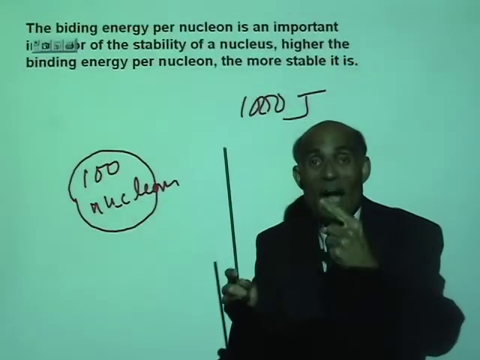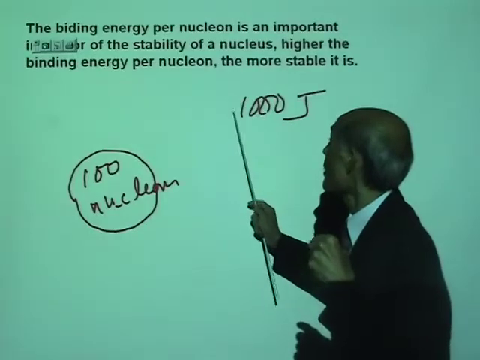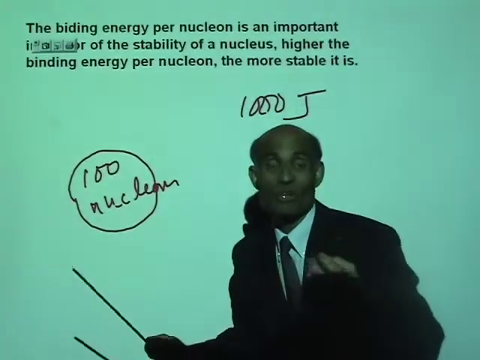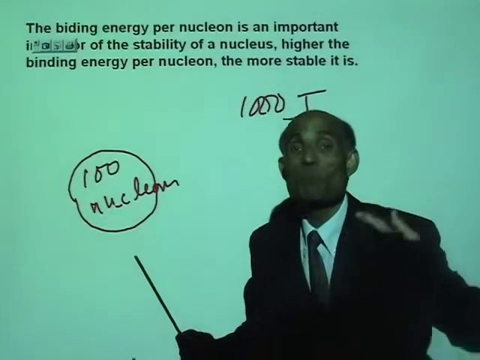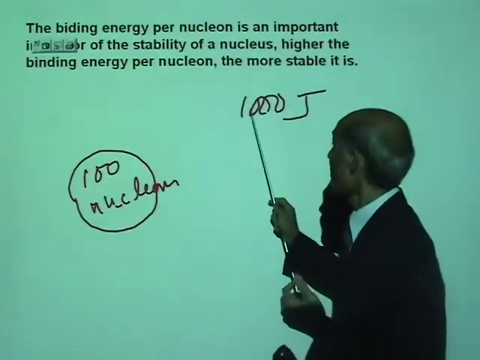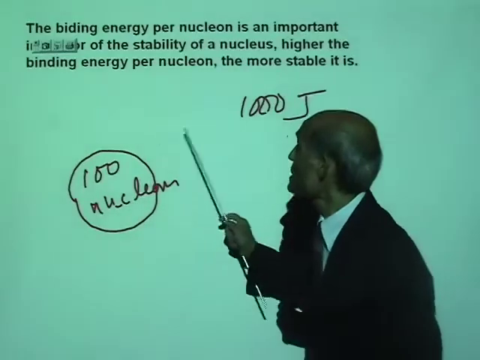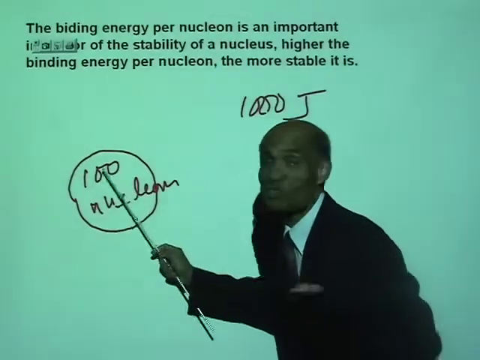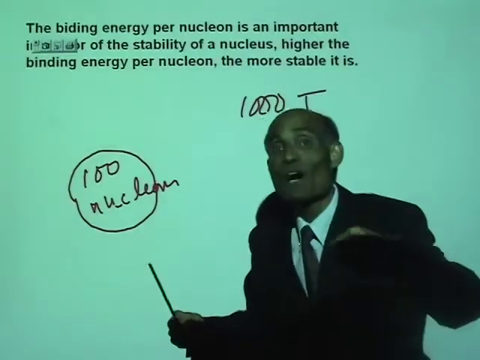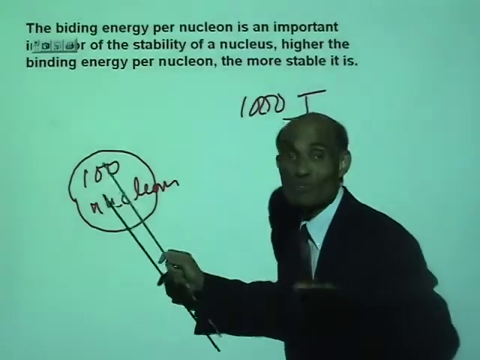Now, what is the binding energy per nucleon? If you divide the total energy by the total number of particles, you get binding energy per nucleon. Now, this is like this. If I have 1000 M&Ms, and I distribute that to 100 students, what is the number of M&Ms per student? It will be 1000 divided by 100, 10.